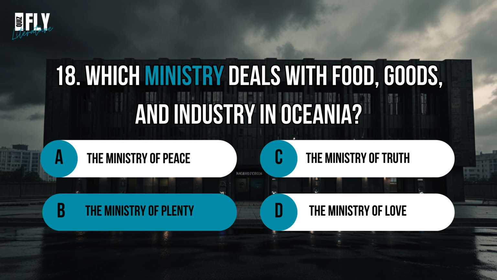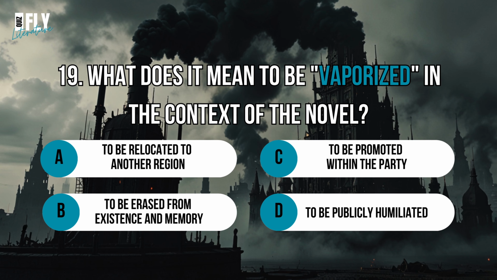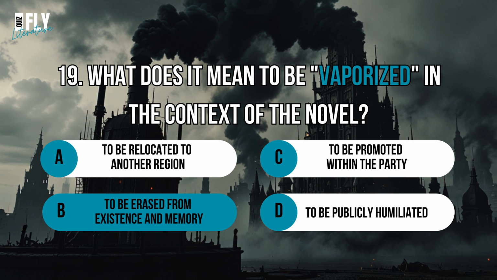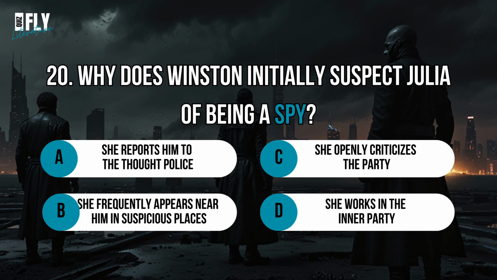Which ministry deals with food, goods, and industry in Oceania? The Ministry of Plenty. What does it mean to be vaporized in the context of the novel? To be erased from existence and memory. Why does Winston initially suspect Julia of being a spy?